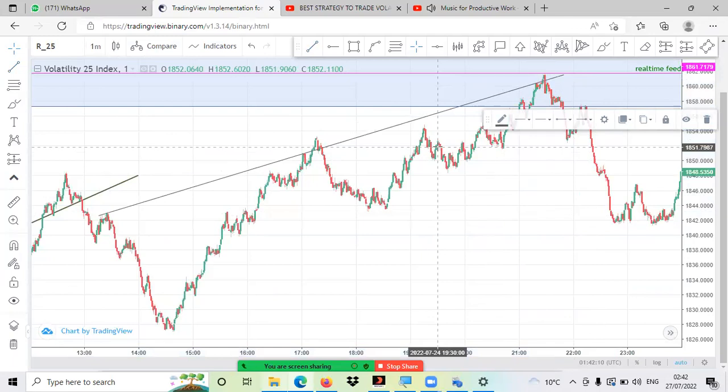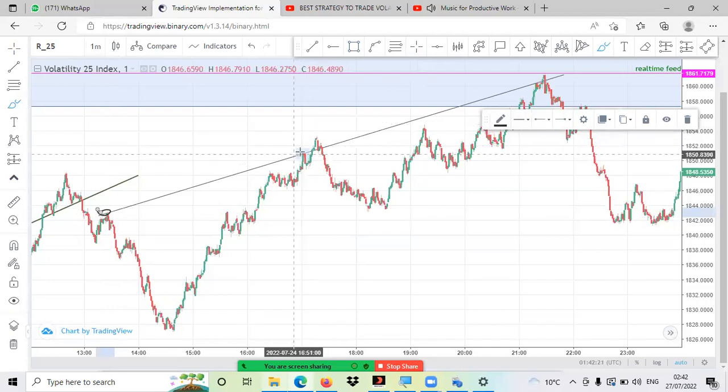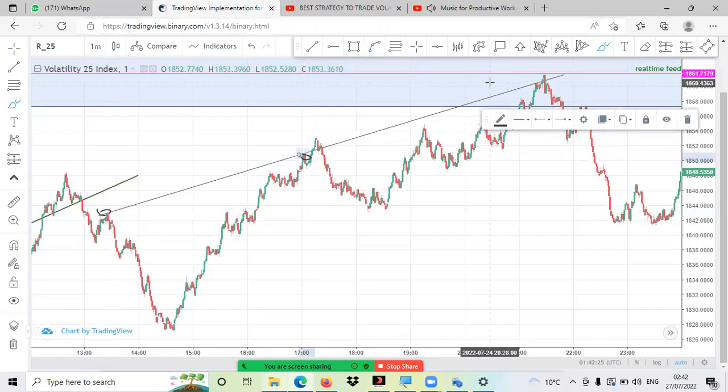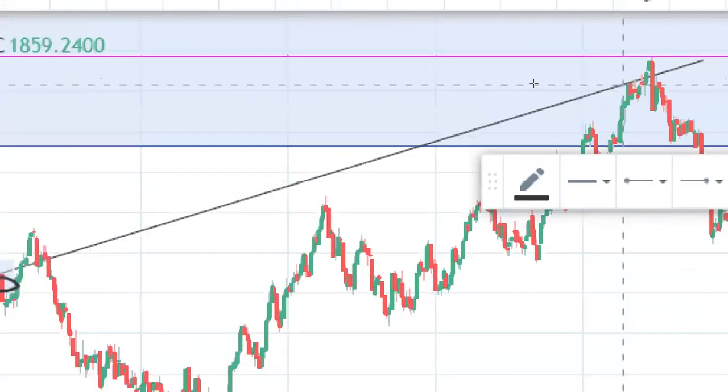Because we are just monitoring the reaction on this area. You see, this particular reaction. So we expect the market to show some signs on this particular area.